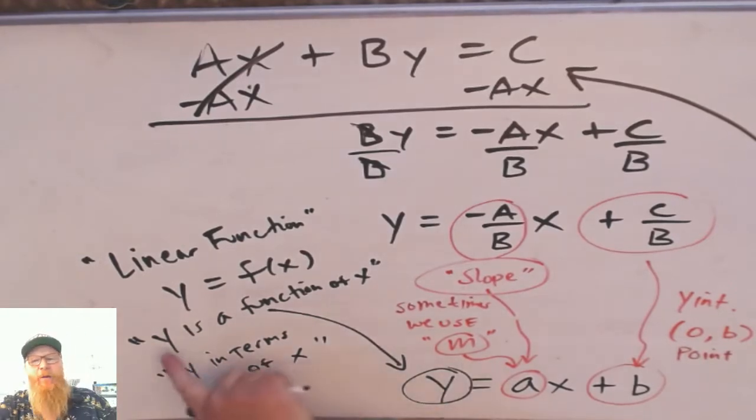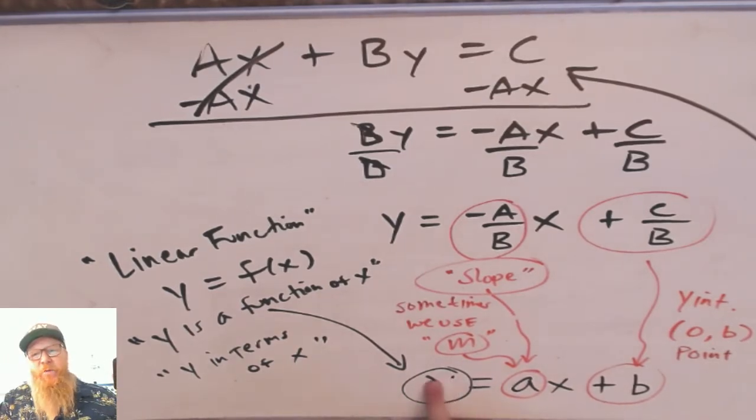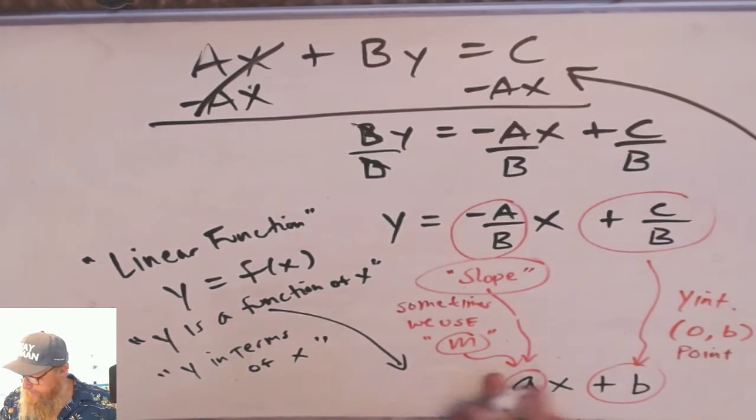That means the same thing. Y is a function of x, or y is written in terms of x. And so what we often do is we omit the letter y, and we call it f(x).